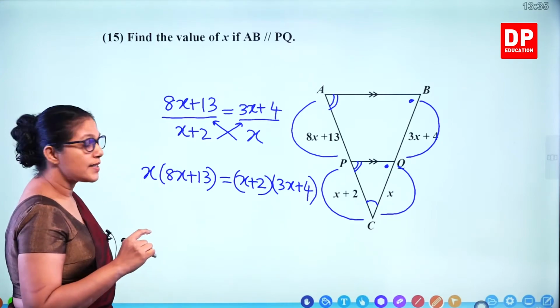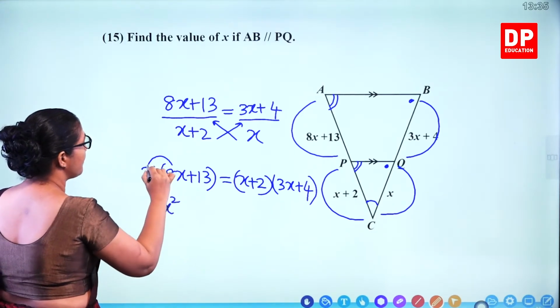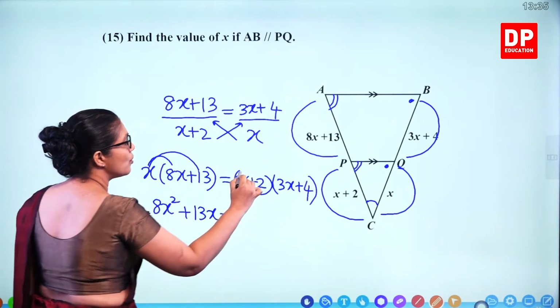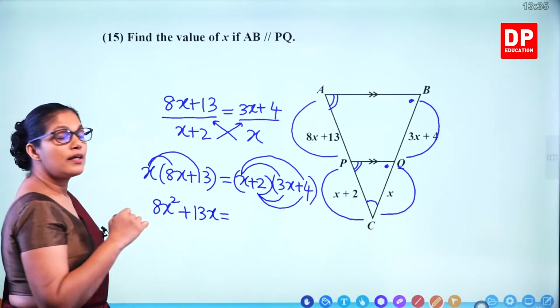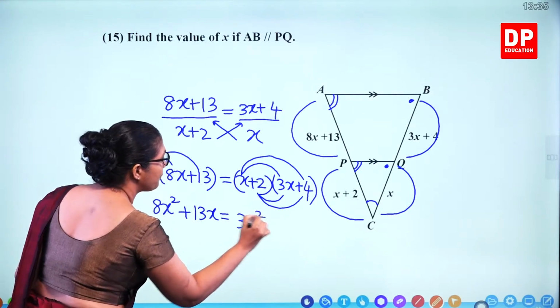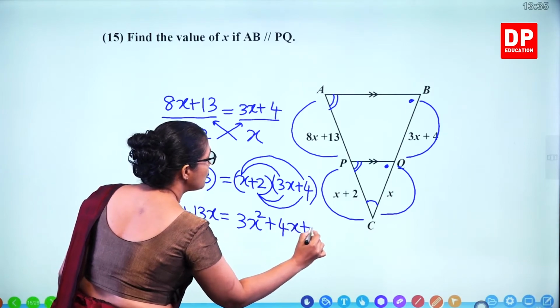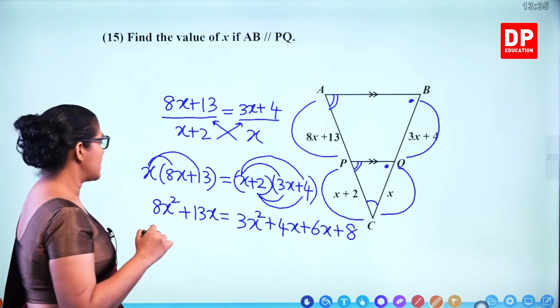Now open brackets, you get 8x squared plus 13x is equal to, here use the rainbow method to expand: x into 3x, 3x squared, x into 4, 4x, 2 into 3x, 6x, 2 into 4, that's 8.